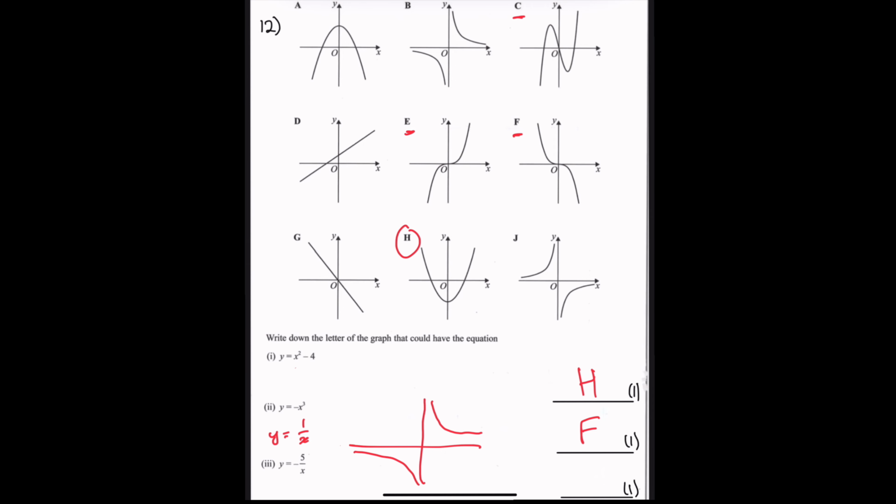When that's negative, it looks something like this. Because when x is 0, y equals 1 divided by 0, which is infinity, which is obviously way, way higher than our graph can go. It's impossible to display that on a graph, which is why it never touches this axis. So the only one that fits that description is J.